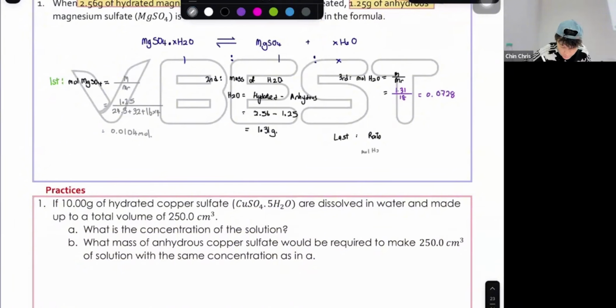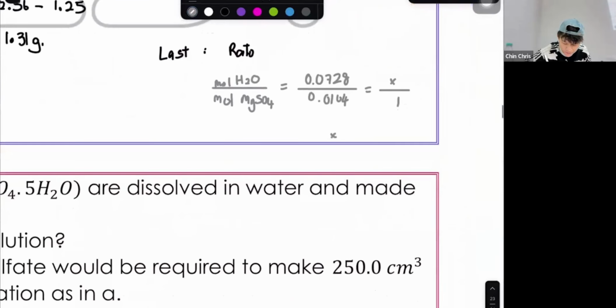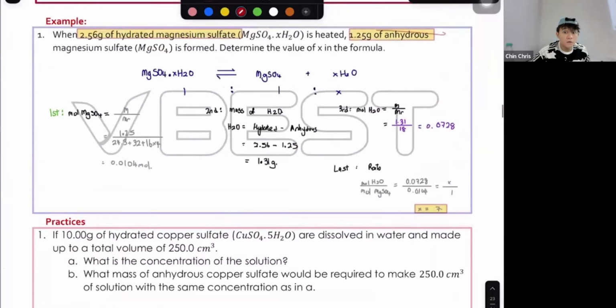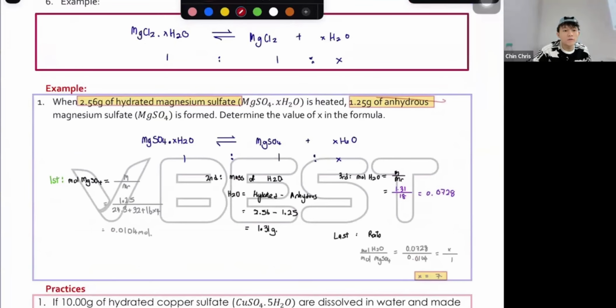Mole of H2O divided by mole of MgSO4. 0.0728 over 0.0104 is equal to x over 1, right? So what's x? 7. Done. Now you find your hydrate, yeah? That's it. Understand? Any questions so far?